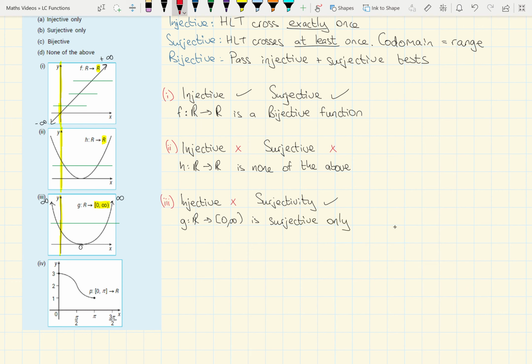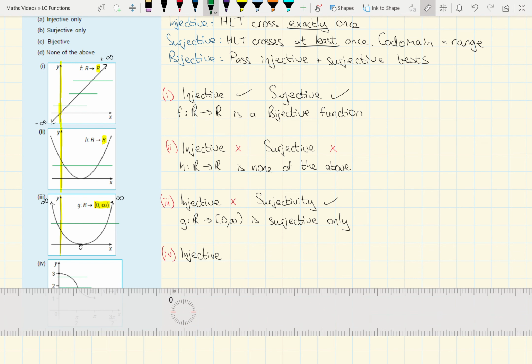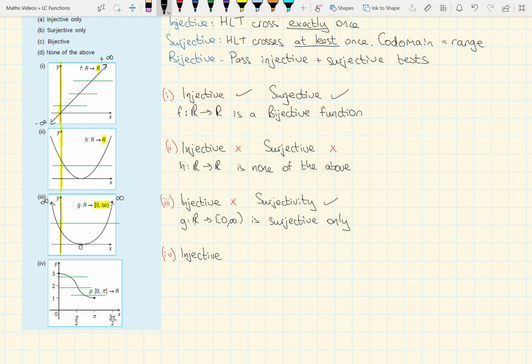Okay, and our last one, part 4. Again, we start off with injectivity. Our horizontal line test, we'll run it a few times here. The shape's a little bit different. It crosses at most once, so we pass. Now we'll check for surjectivity.